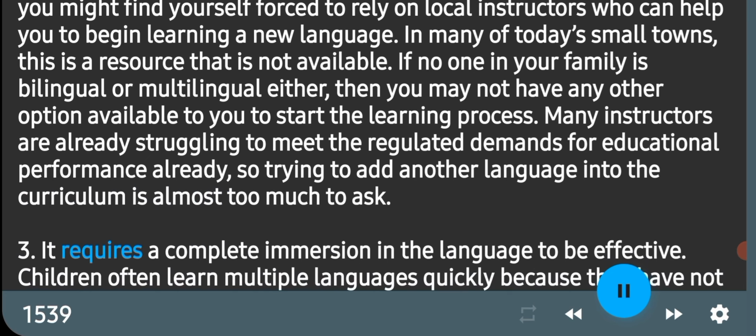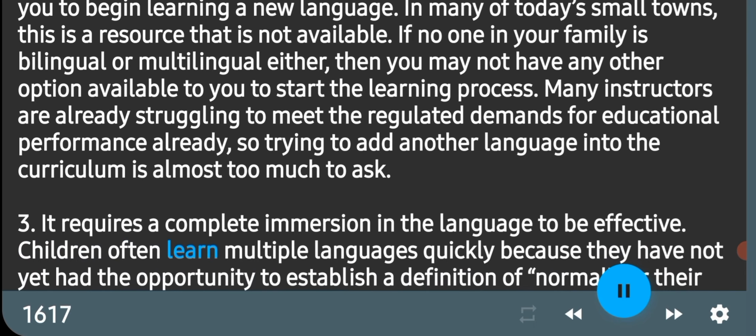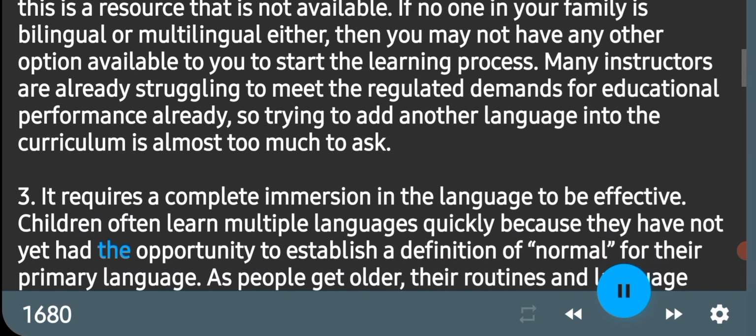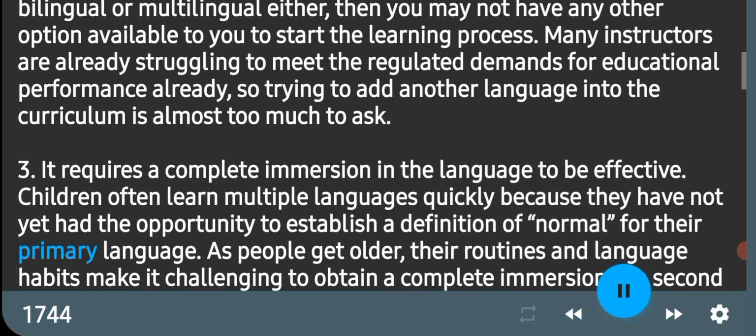3. It requires a complete immersion in the language to be effective. Children often learn multiple languages quickly because they have not yet had the opportunity to establish a definition of normal for their primary language.